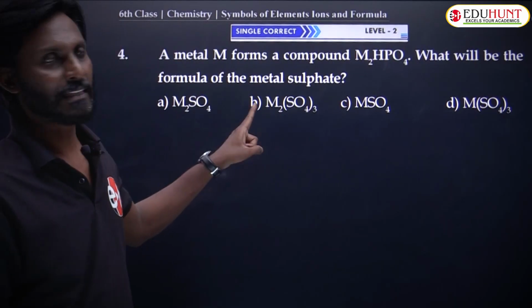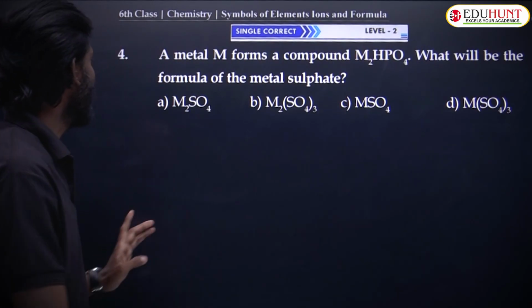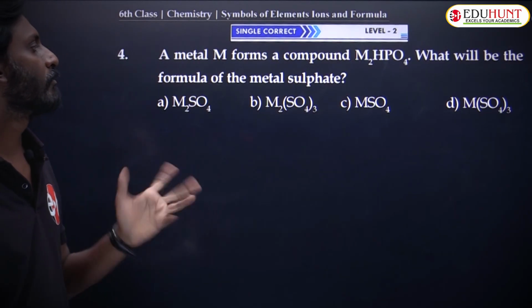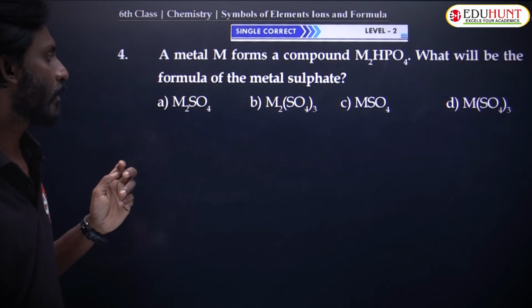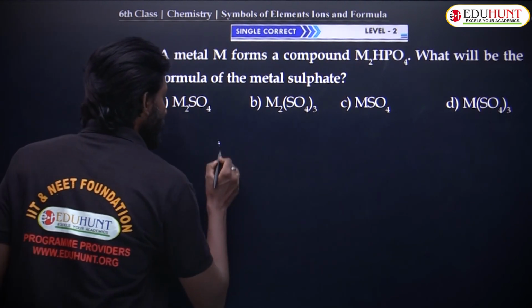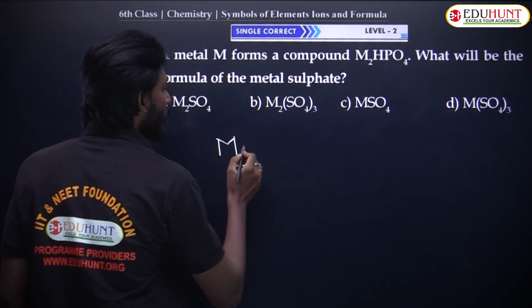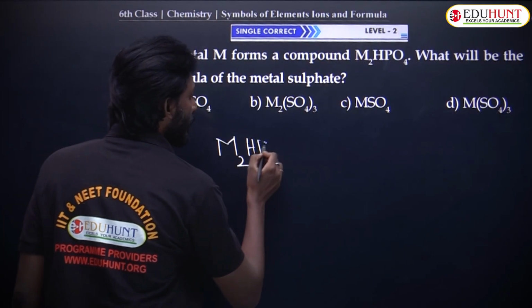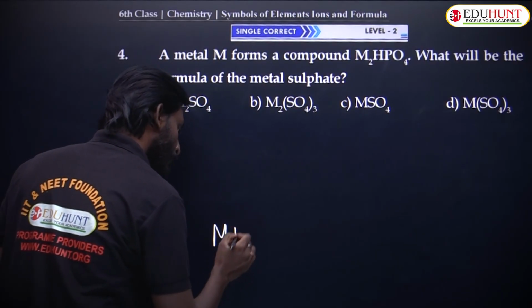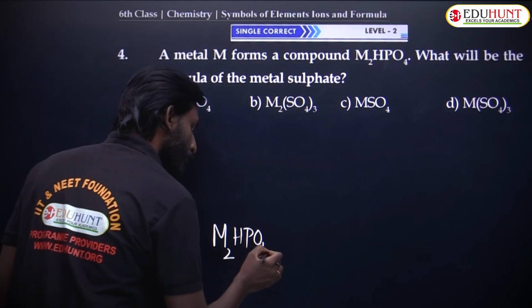Moving towards single correct, level 2. Okay, fine. A metal M forms a compound M2HPO4. Okay, fine. What will be the formula of the metal sulfate? See, you have been given a formula, M2HPO4.